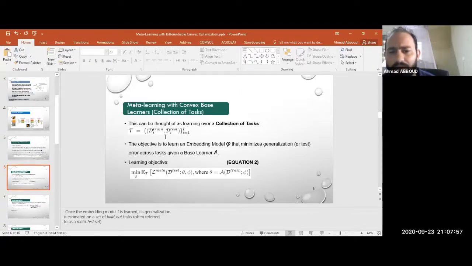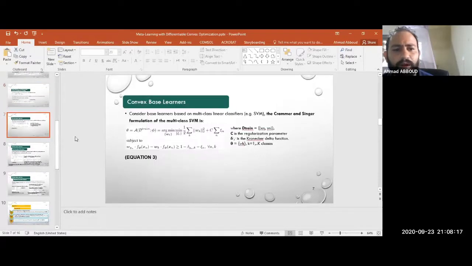In this case, the same model can be applied. However, here we have different tasks, which means we have to minimize over phi an expectation over these tasks, because we have multitask.